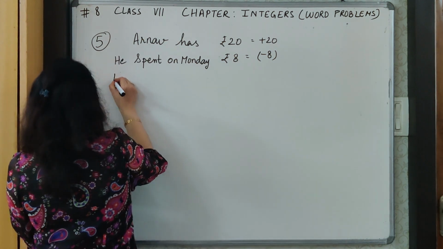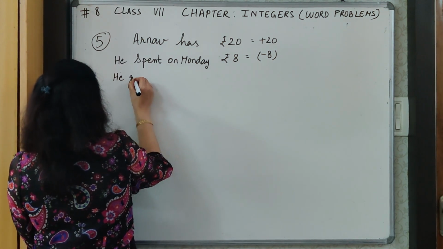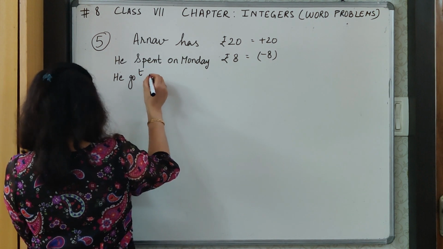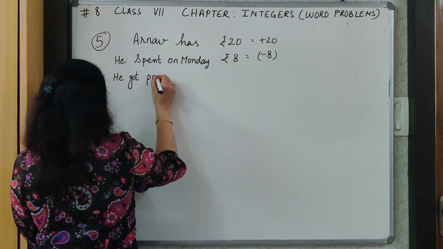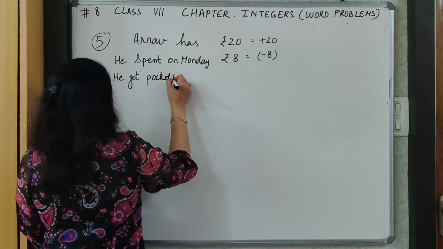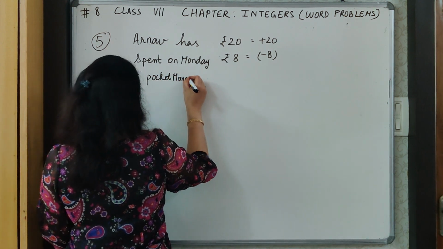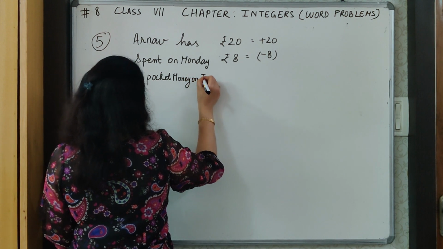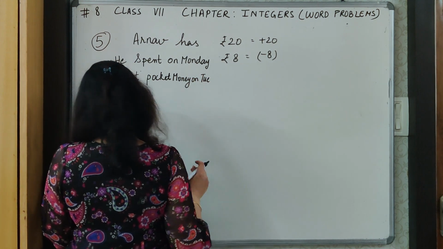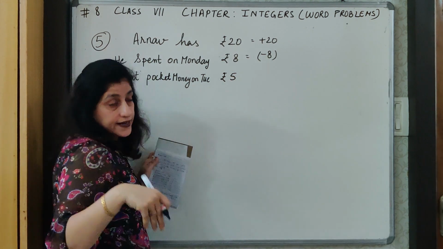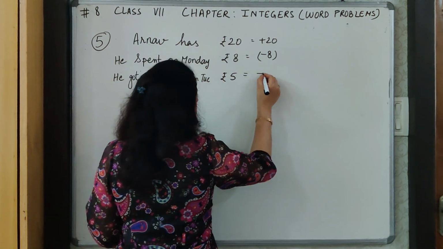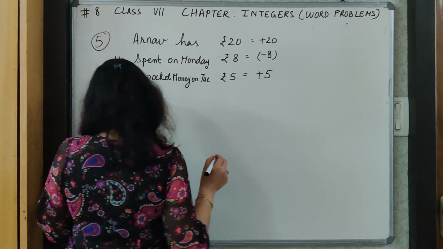Then he got pocket money on Tuesday. How much pocket money? Rupees 5. Now he gets this, so this will be written as plus 5.